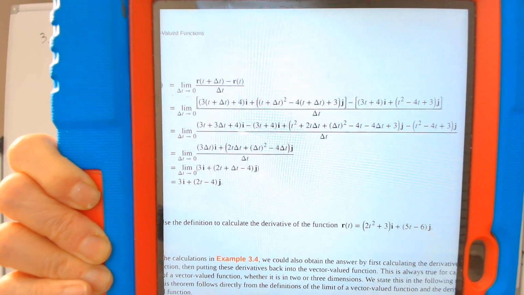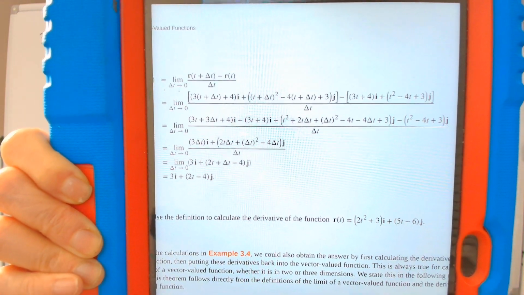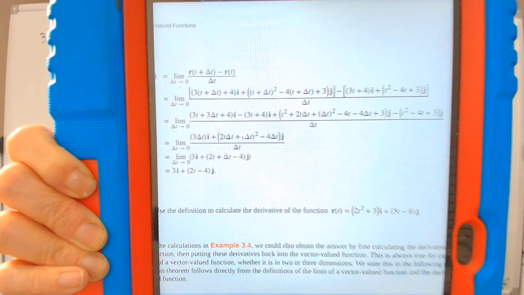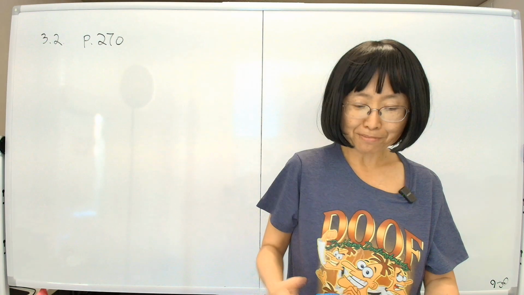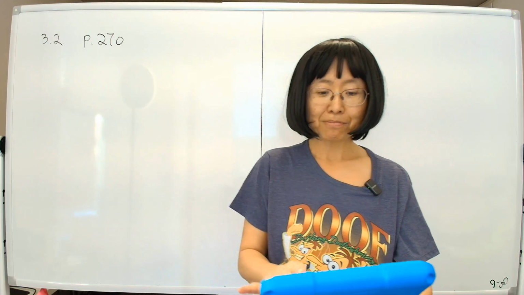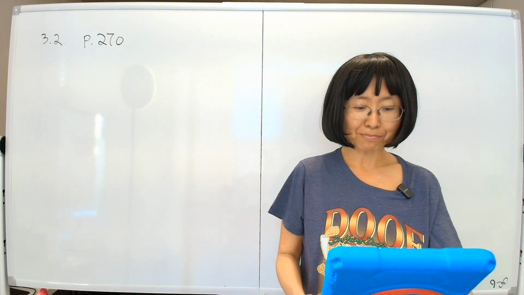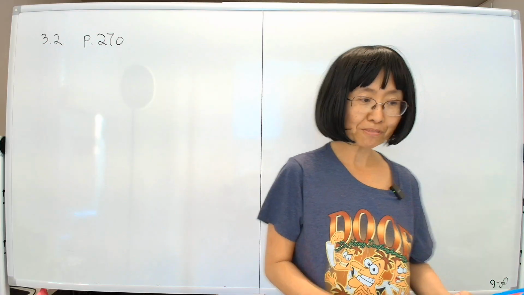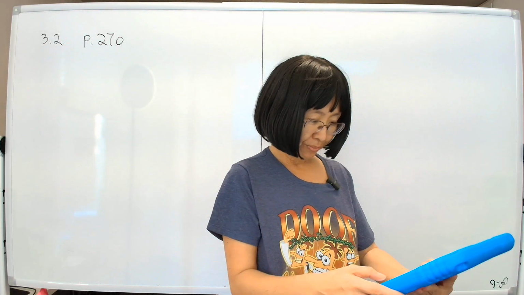There's the one with i, and the one with j, and the one with k. And you manipulate all that stuff and do the basic limit derivative function to come up with some simple result in the end. So please do that as part of your homework, example 3.4.